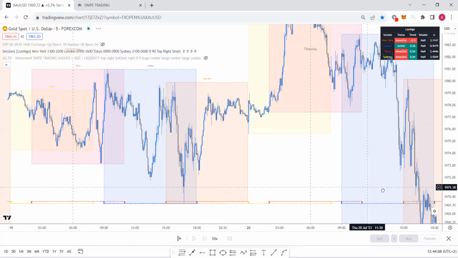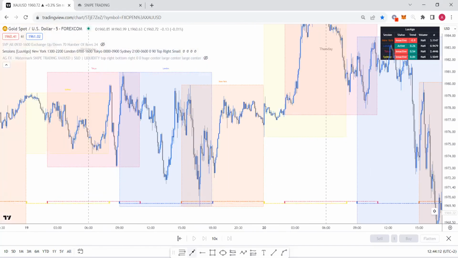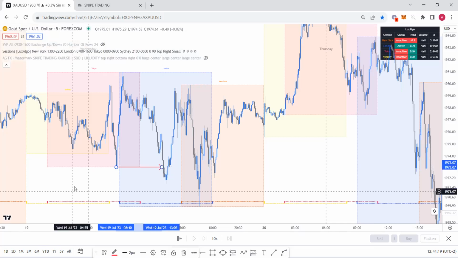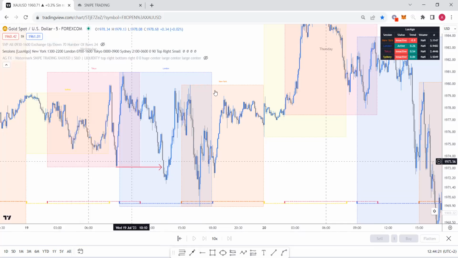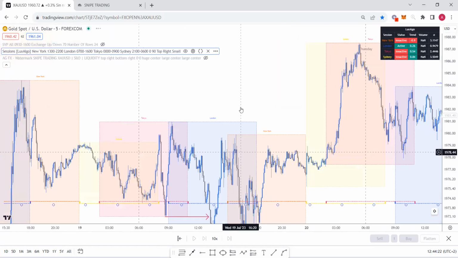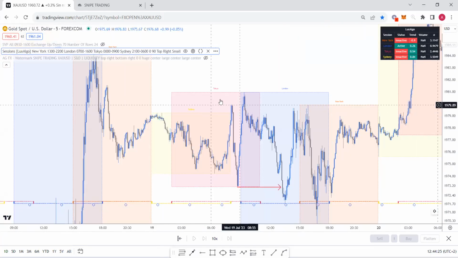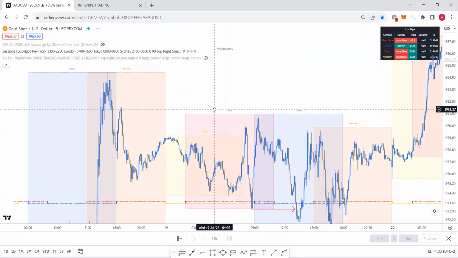For this, you will find plenty of examples. Here, for example, price swept the Asian low and gave the move to the upside. You can use all of them exactly the same, yes. Me personally, I like to focus mostly on the London session taking out the Tokyo session, okay?